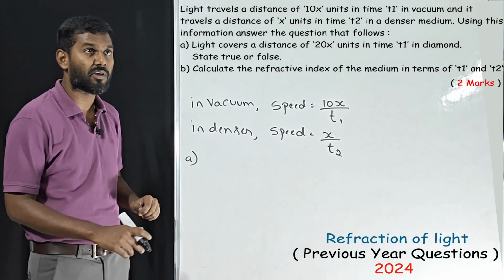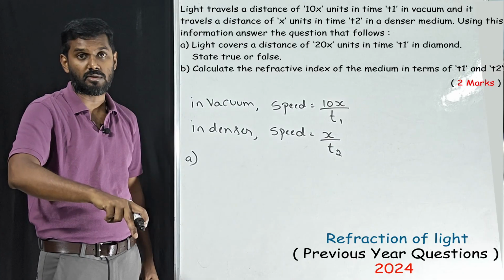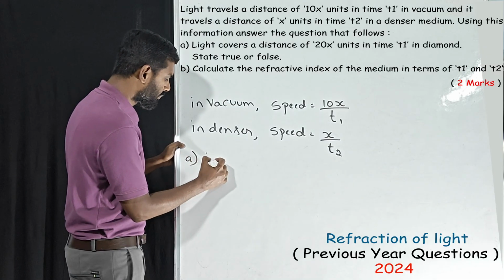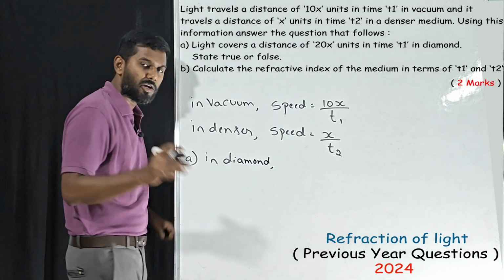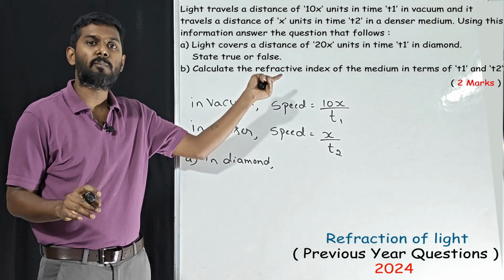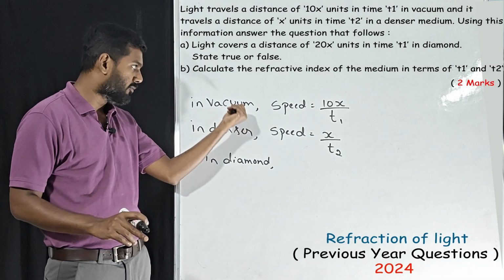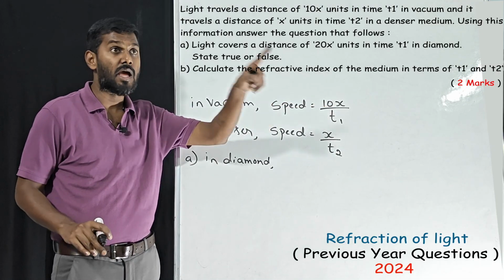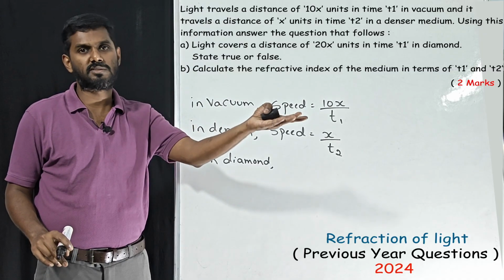In the question they have given that light covers a distance of 20x in time T1 in diamond. Do you think speed will be more in diamond compared to vacuum? No, right? Speed is maximum in vacuum. In vacuum it is covering only 10x, and they are telling us in diamond it is going to cover 20x distance.